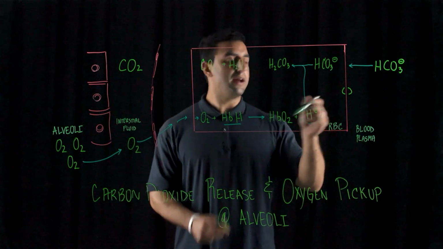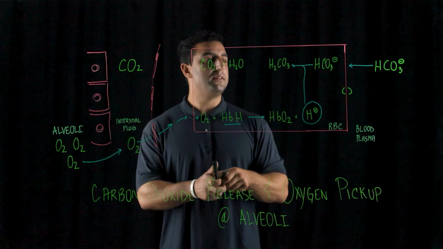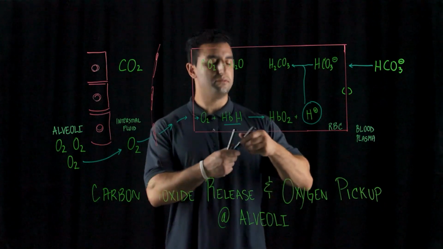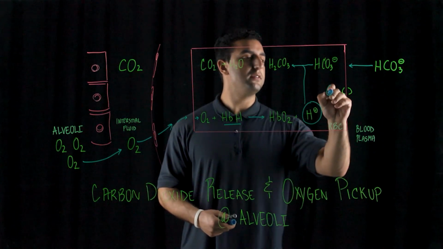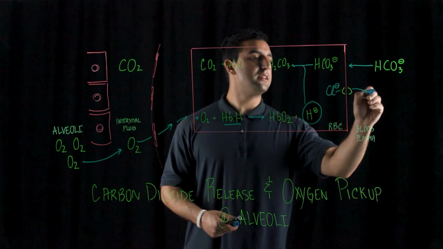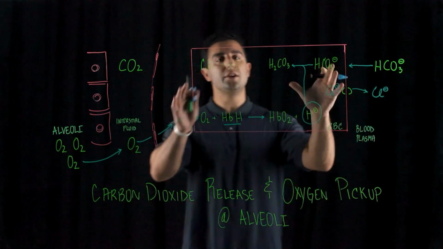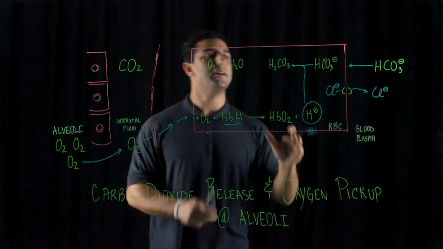Here, because the red blood cell becomes more negative, you have an actual release of chloride. So you have another chloride shift. This time the chloride goes outside, so now you maintain the charge of the cell.